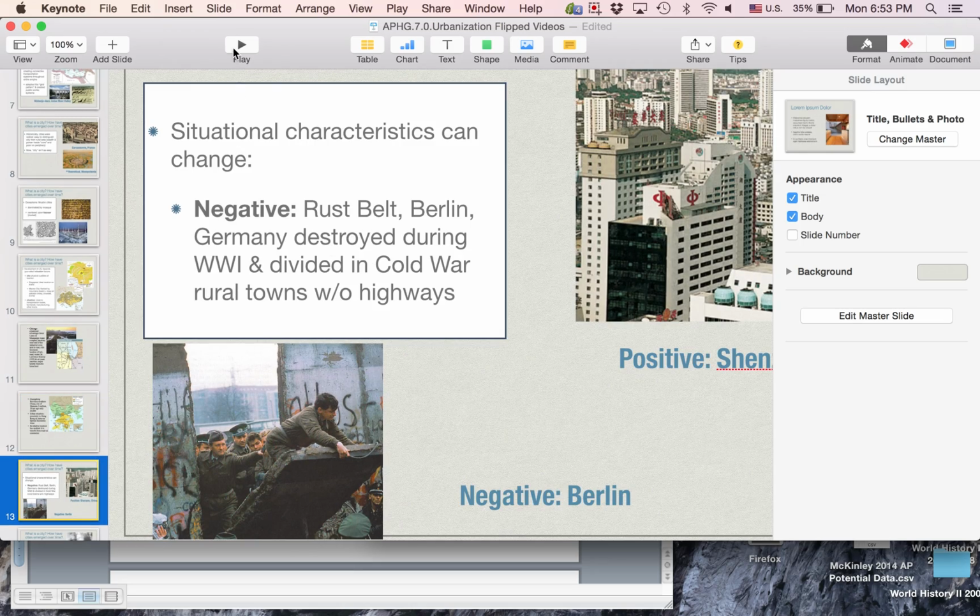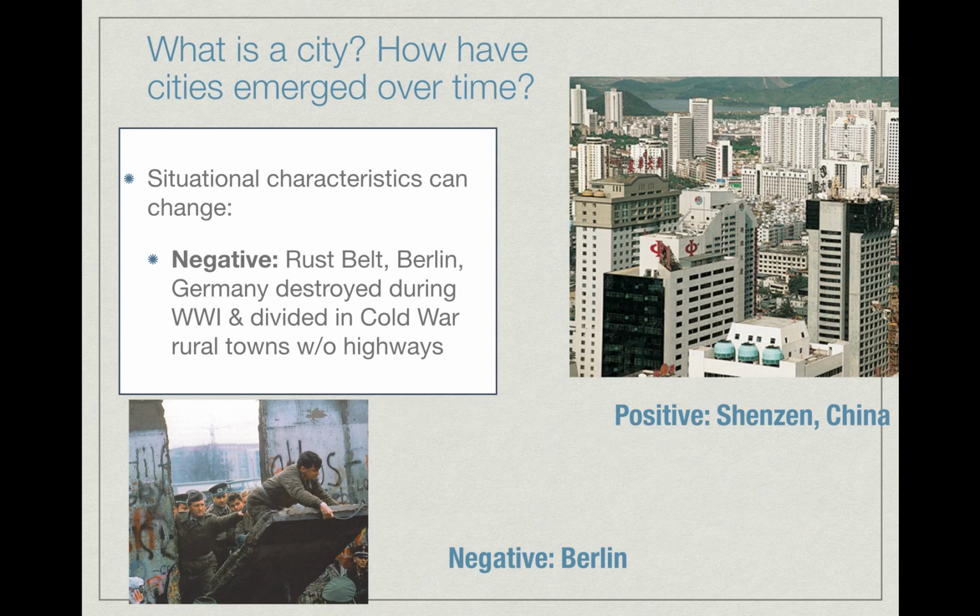One thing to keep in mind, though, is that situational characteristics can change. The area surrounding a city can be both an advantage and a disadvantage because it can change over time. Some examples: areas that were once benefiting from being close to the manufacturing belt. Well, we all know now that that's the Rust Belt. So what was once an advantage is now really a challenge, as there's no longer economic opportunity rooted in that region.